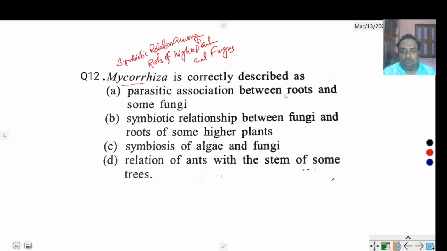Parasitic association between roots and some fungi. Symbiotic relationship between fungi and roots of some higher plants. Symbiosis of algae and fungi is called lichen. And symbiotic relationship between fungi and roots of higher plants, B is the correct option. Next question.